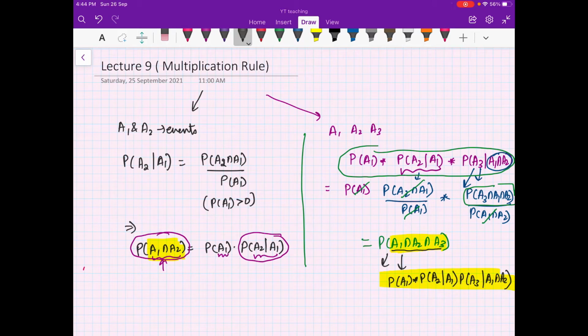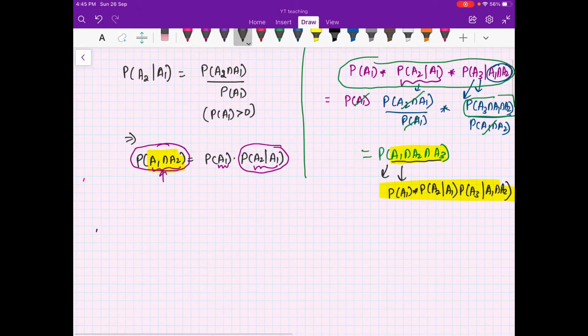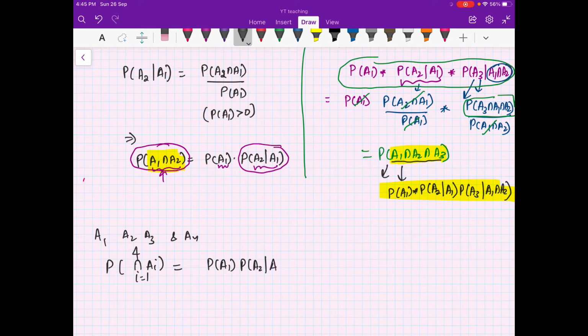Now you can go further. If you are given four events A1, A2, A3 and A4, the probability of the intersection of the events will be equal to the probability of A1 times the probability of A2 given A1 times the probability of A3 given A1 intersection A2 times the probability of A4 given A1 intersection A2 intersection A3. In general we can generalize this.